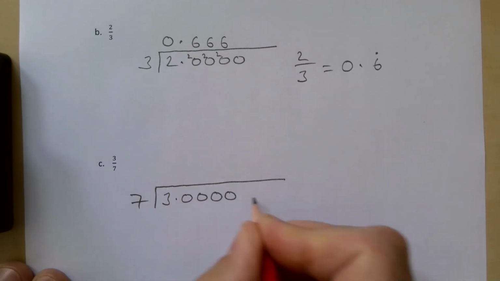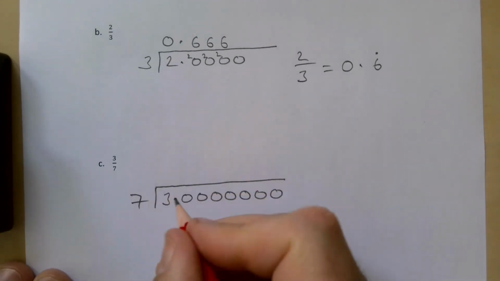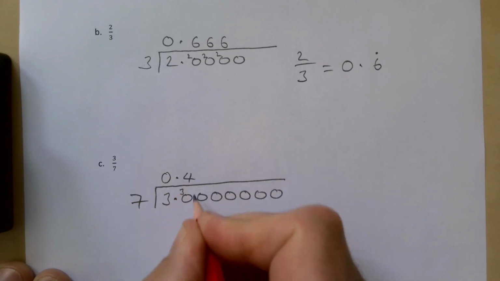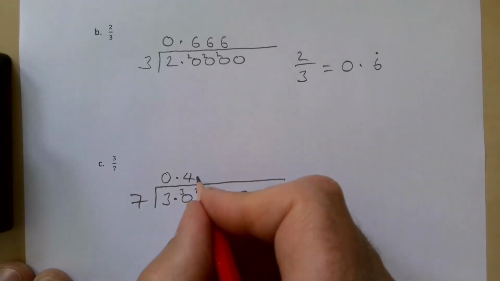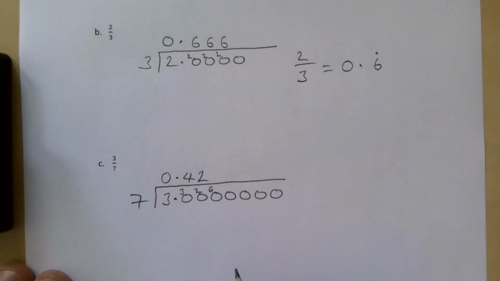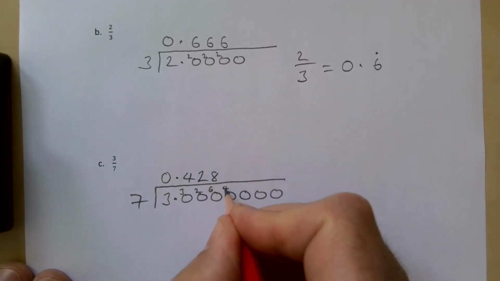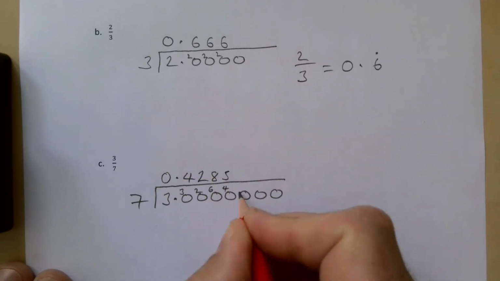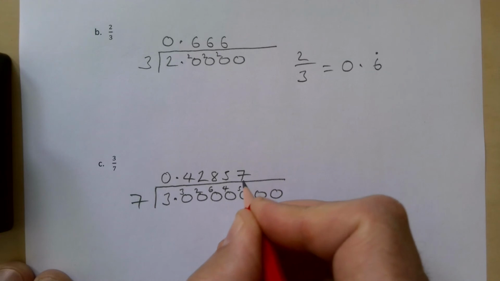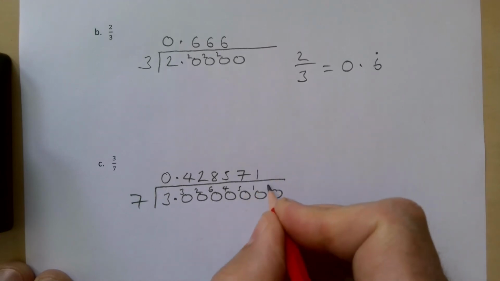3.0000000 should do it, I think. 7 into 3 doesn't go, of course. 7 into 30 goes 4 times, and 2 left over. 2 times, and 6 left over. 8 times, and 4 left over. 5 and 5 left over. 7 and 1 left over. 1 and 3 left over.